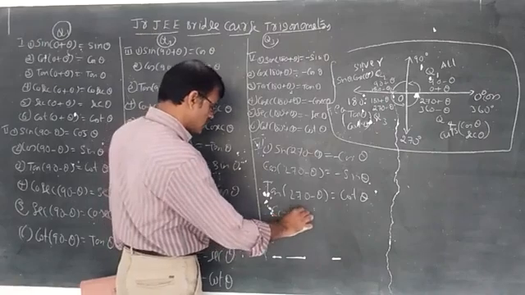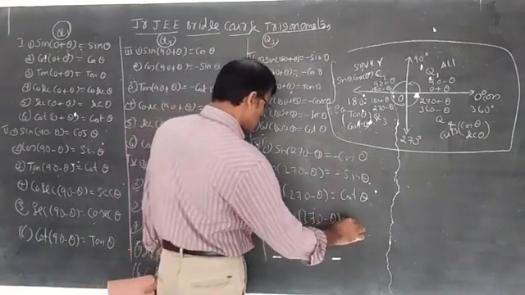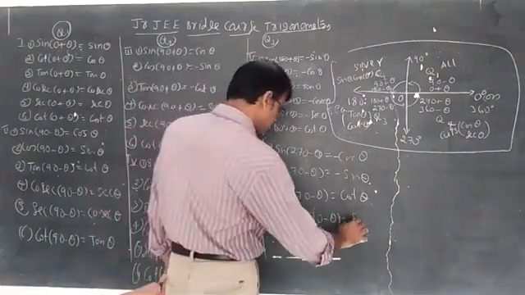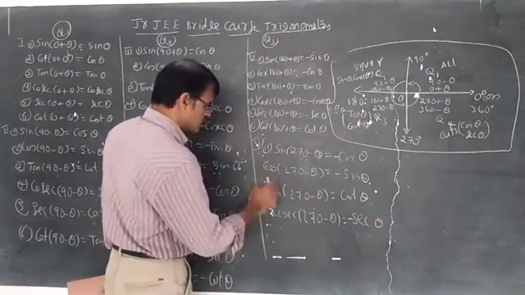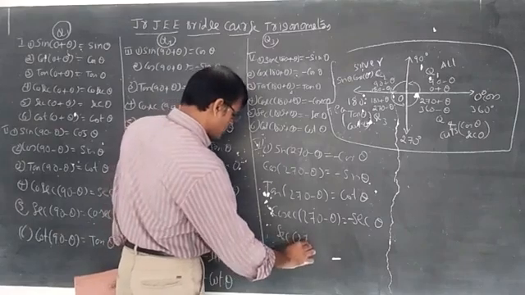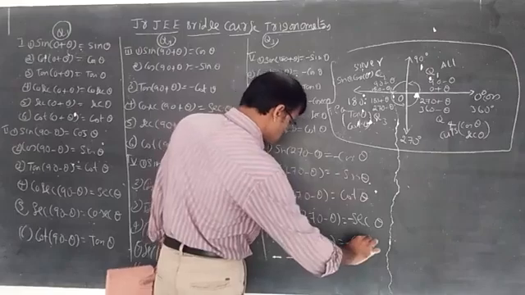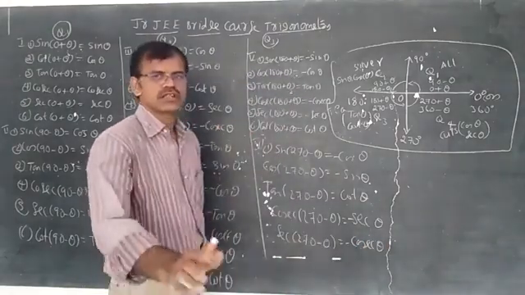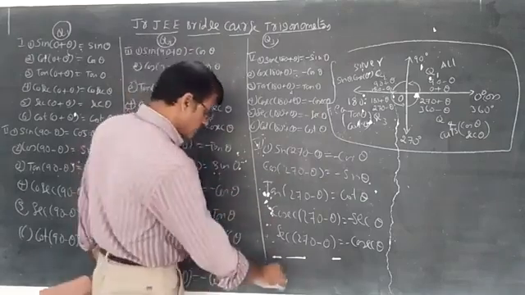Next, cosecant of 270 minus theta becomes minus secant theta. Secant of 270 minus theta becomes minus cosecant theta. Whatever I said, you follow the rule: if co is there, delete the co; if co is not there, add the co, in the case of 90 and 270.